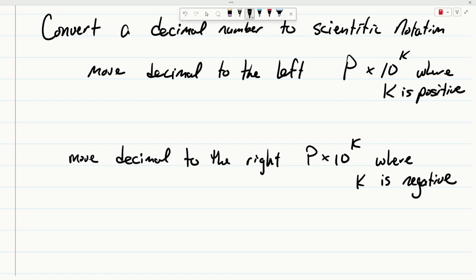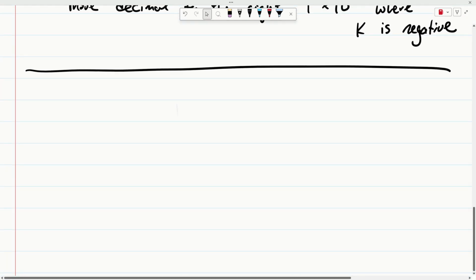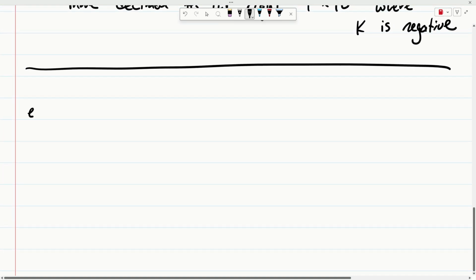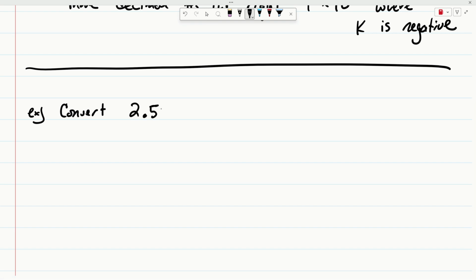Now, what about the reverse? What if we want to convert 2.58 times 10 to the negative 5 to a decimal number?